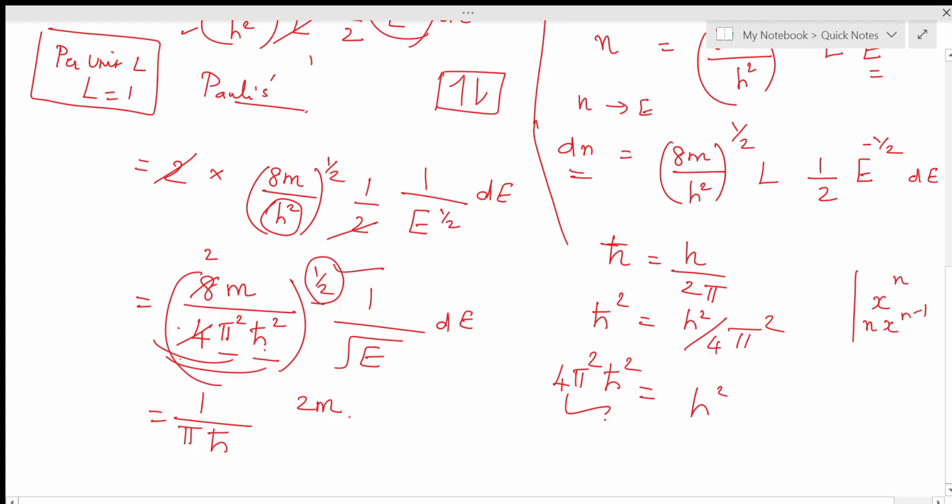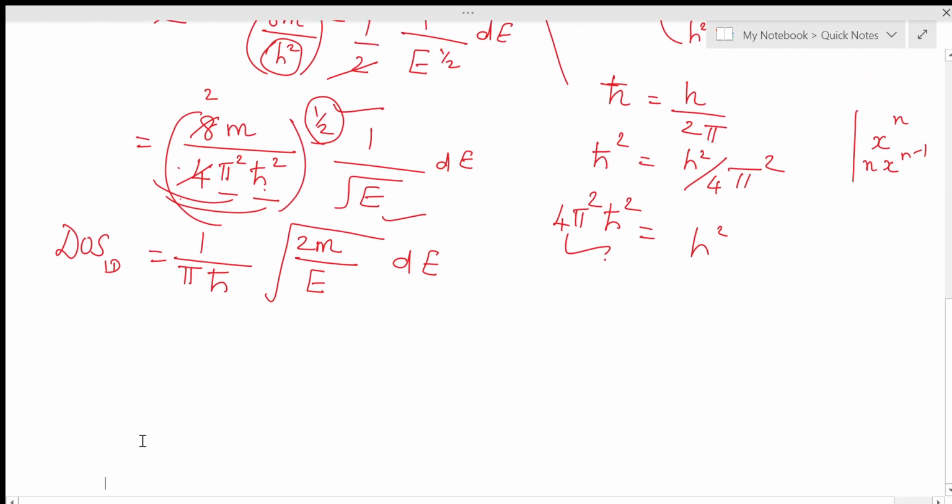Power half is square root, and E is also with square root. So 2m E dE. So the density of states of the one-dimensional quantum wire, we get this equation: 1 by pi h cross root of 2mE dE.